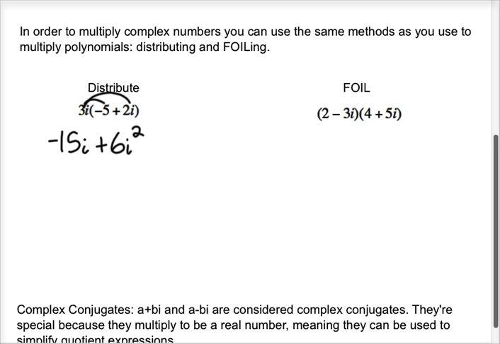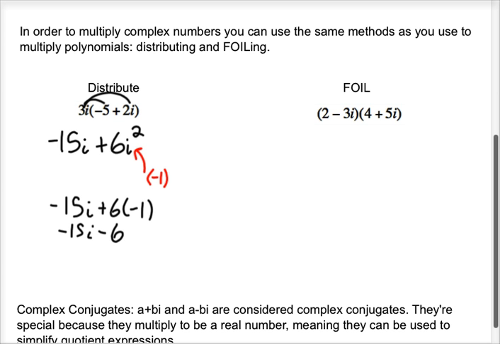Now, remember, that i squared right there is -1. So really we're talking about -15i, then 6 times -1, which is going to be a -6.